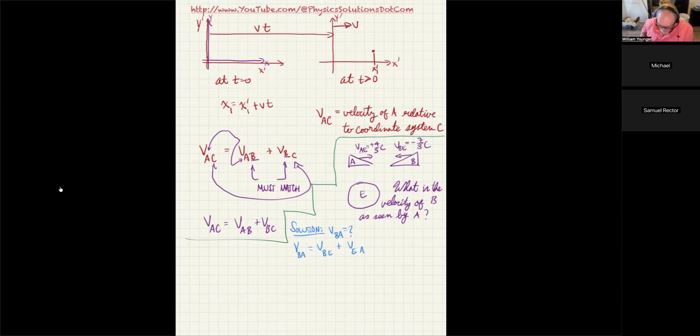The other rule that has to go with this is something that should be pretty obvious to you. If you are going, let's say, 65 miles per hour down the road northward, and another car is next to you in the other lane going 60 miles per hour northward, then according to that other car, your velocity is 5 miles per hour in the positive direction.